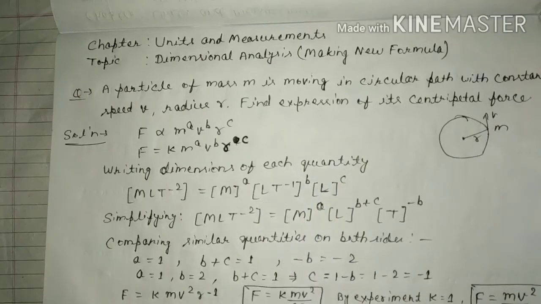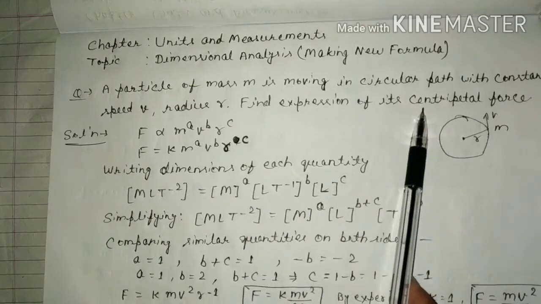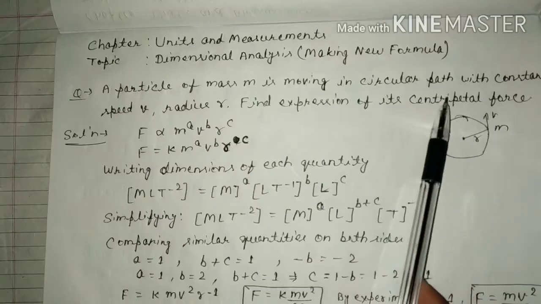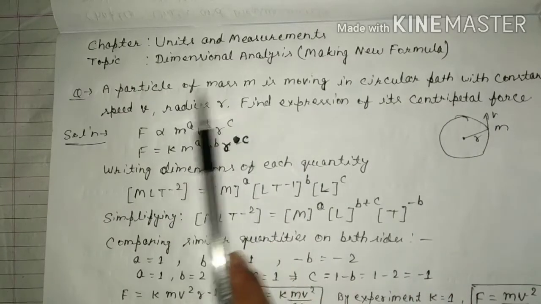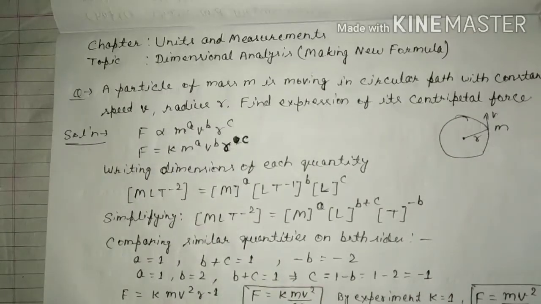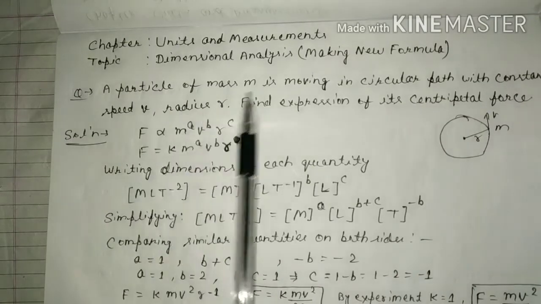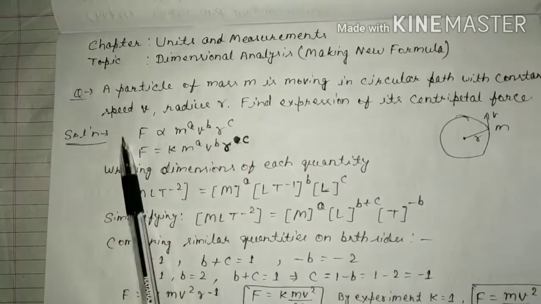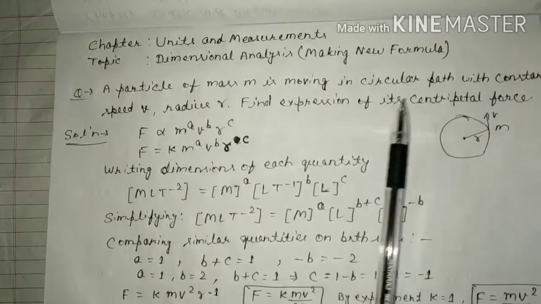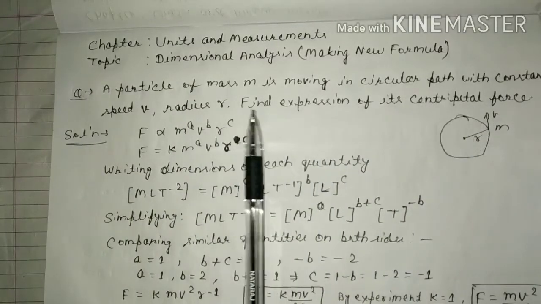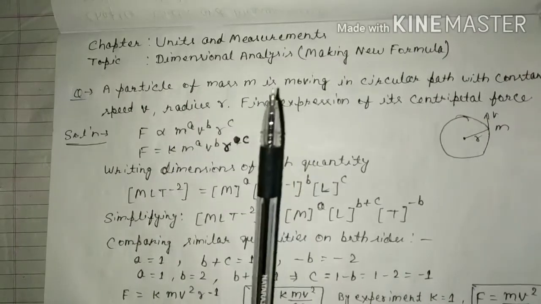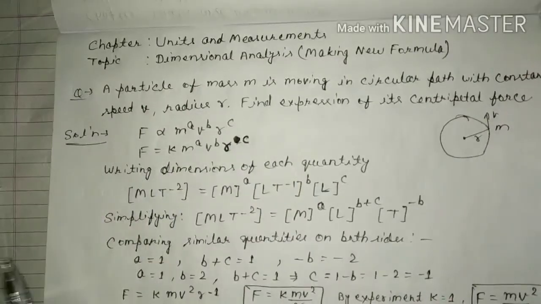In this question, the information given is that centripetal force depends on mass, speed and radius. We want to find the relation between these quantities m, v and r.